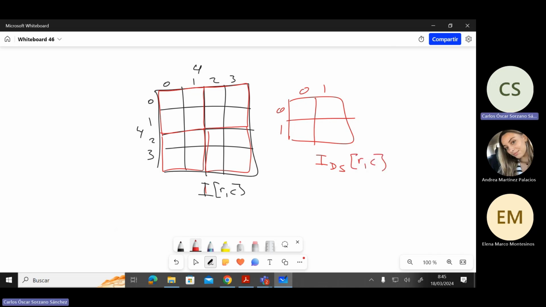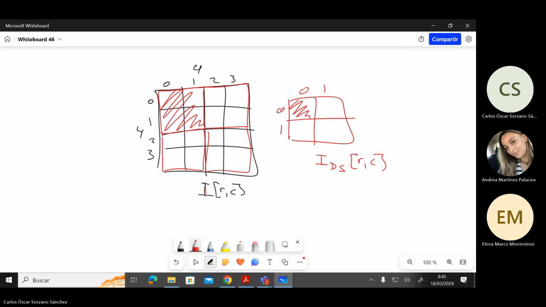You recognize these indices r, c. In our notation, the correct notation is with the square brackets because both are discrete. And then the question is, how do I produce these values?